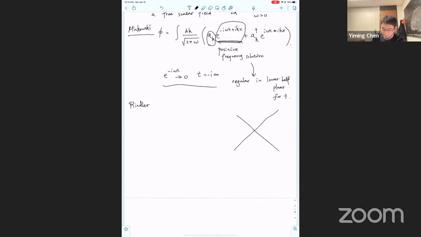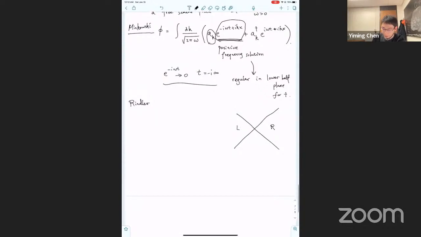So again, we have a left Rindler wedge and a right Rindler wedge. So if we consider a field phi that is in the entire space, let's, for example, choose a time slice here. Well, we don't really need to choose a time slice, but the entire space will include both left and right. That's what I want to say.